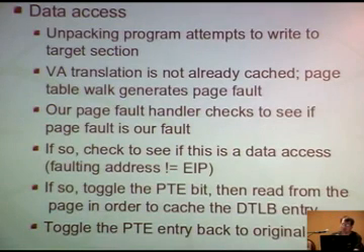So we're going to go over the process of how it actually flows in the page fault handler here. Your packer is now trying to unpack itself, and it's attempting to write to this page that we've set to be no execute.